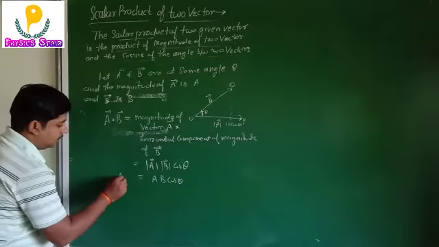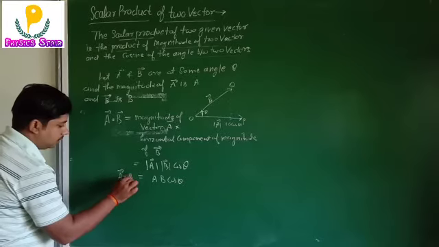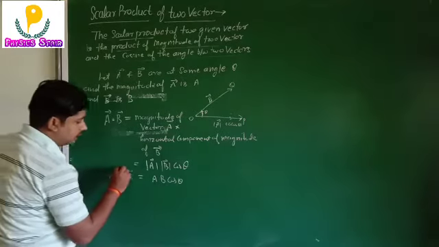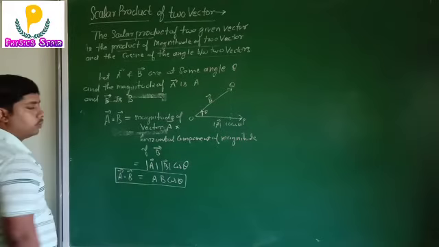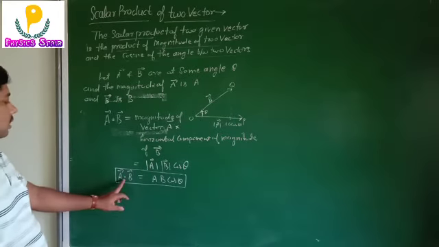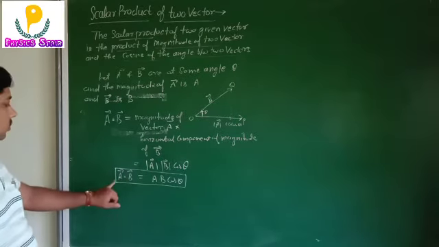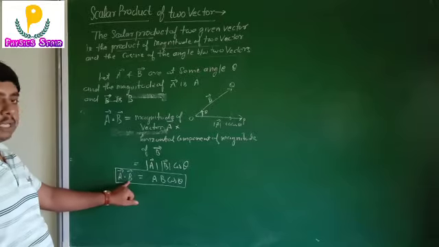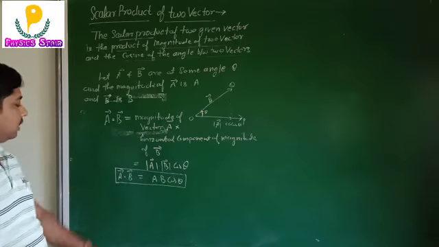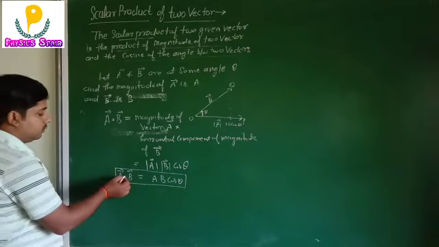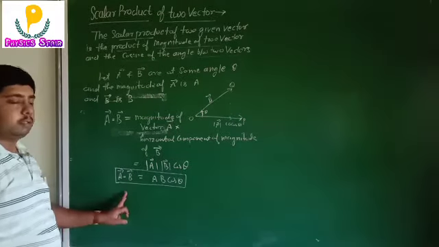So finally we have written here vector A dot vector B. This is the product of the two vectors in terms of scalar. So this is scalar product of the two vectors. This gives the scalar quantity. So that's why it is called the scalar product.